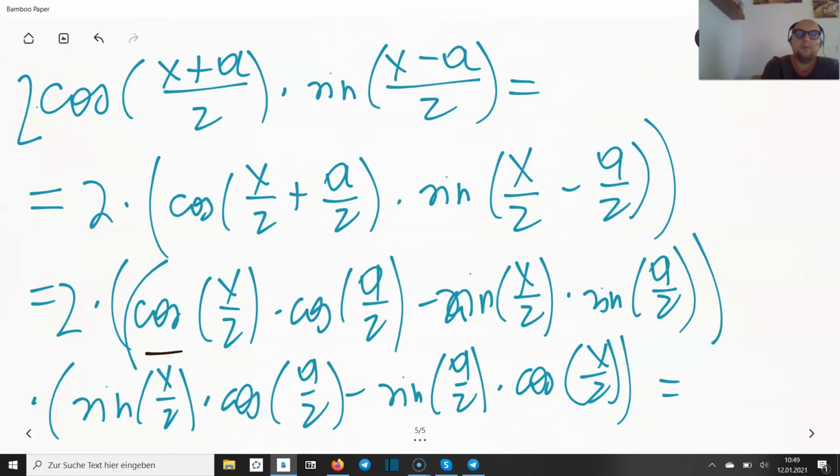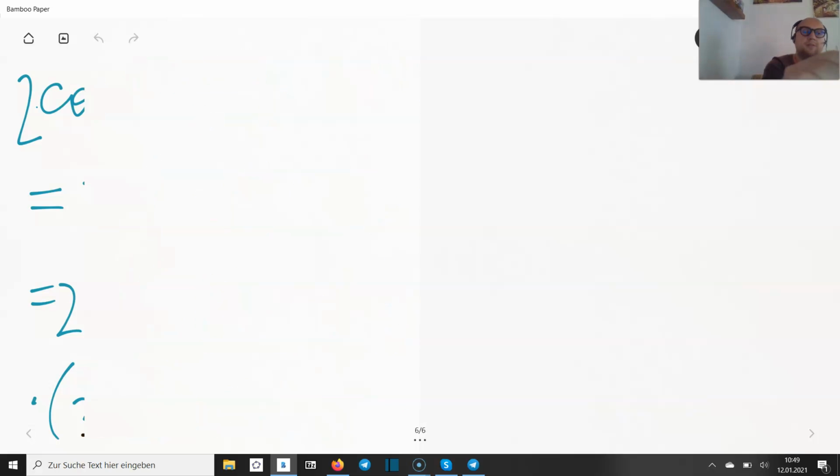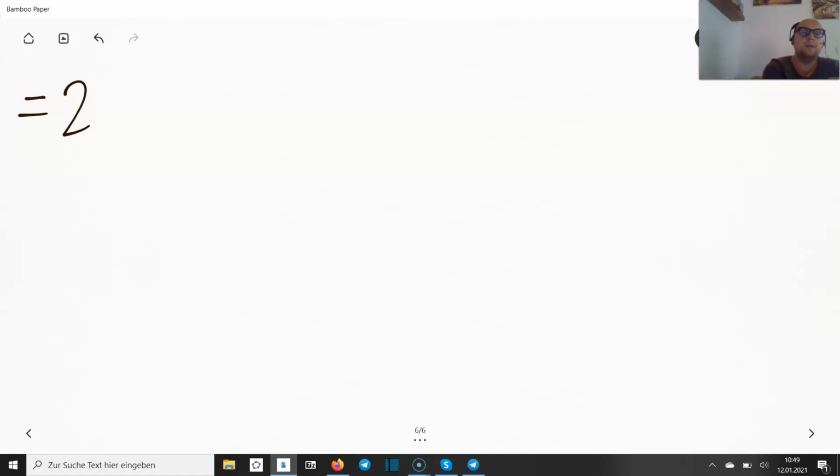So we're multiplying firstly those two terms, okay? So do we have something in common? No, we don't. So we're just writing down what we have. So we still have 2 times, let's open the parentheses.